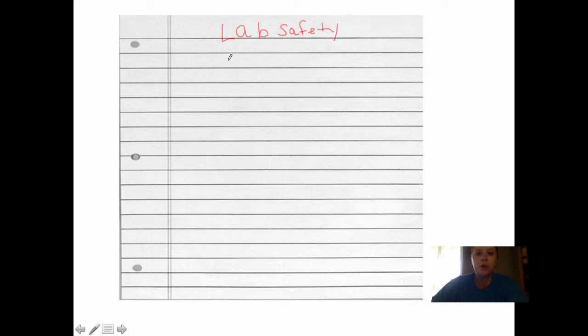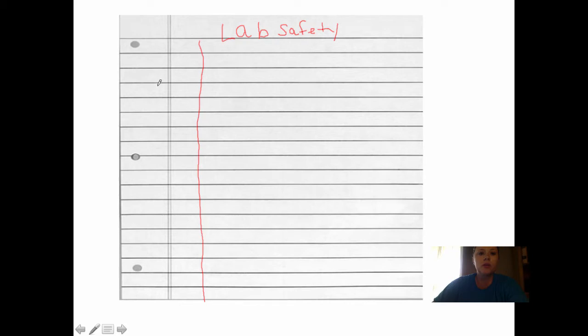Once you write lab safety, if this is your margin, you're going to go over just a little bit from your margin, about an inch or so, and then you're going to make a line, and you want to make yours as straight as possible. Mine's hard to make a straight line on this.